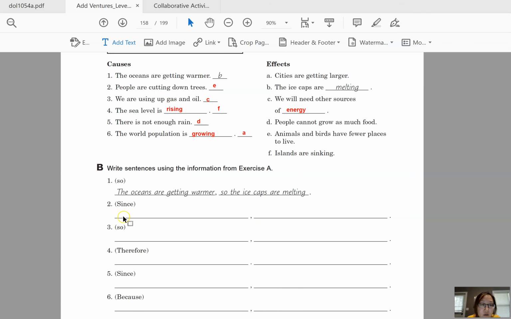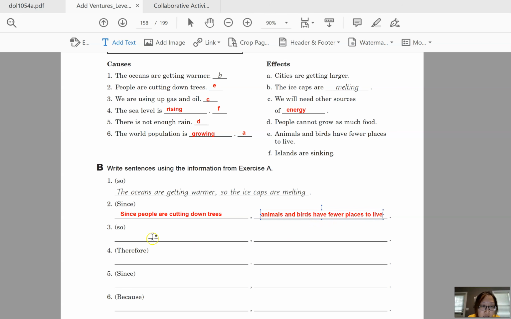Okay, so let's do number 2. Okay, and as I mentioned, since is capitalized, so we need to use it at the beginning. Okay, since people are cutting down trees, and there's a comma here already, you can say animals and birds have fewer places to live.